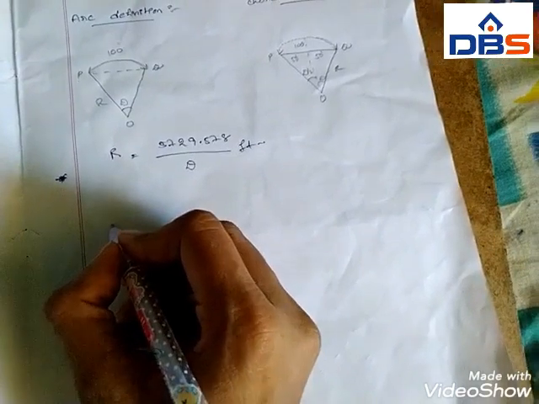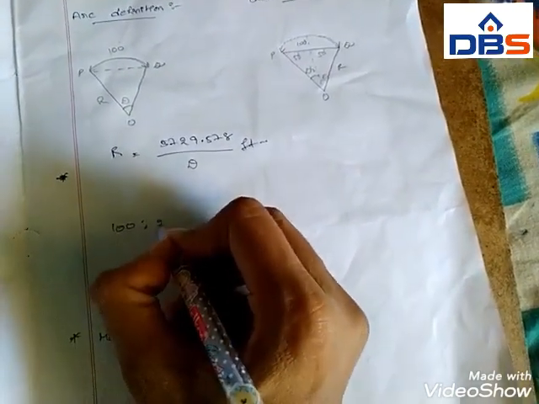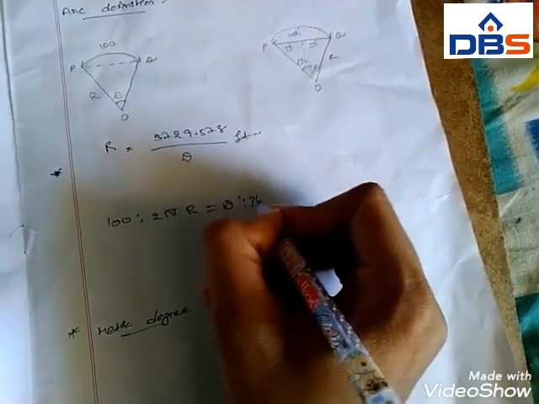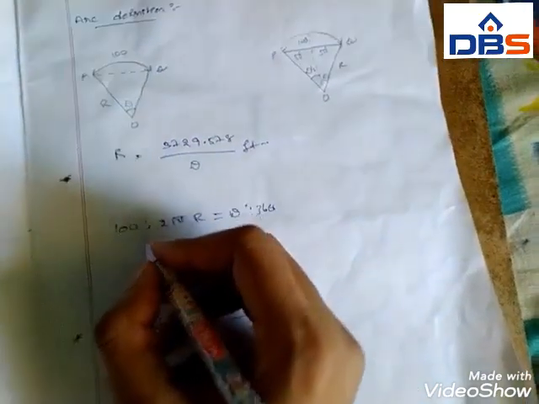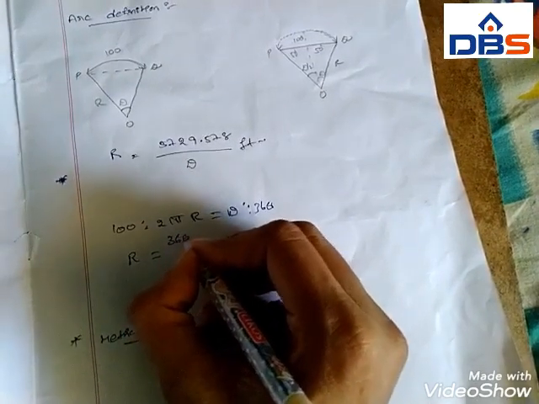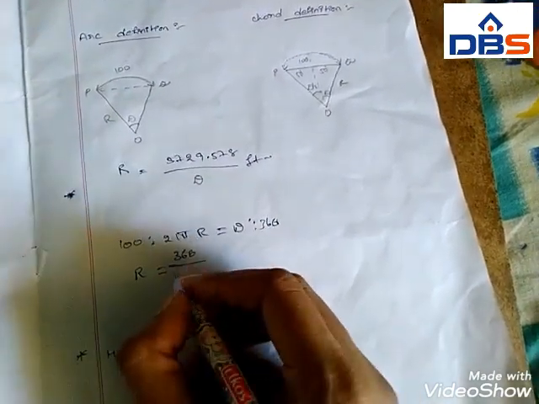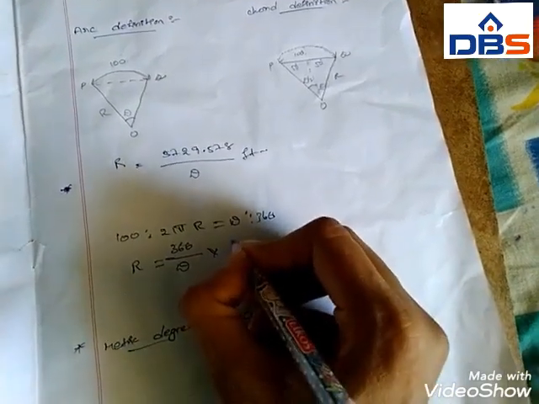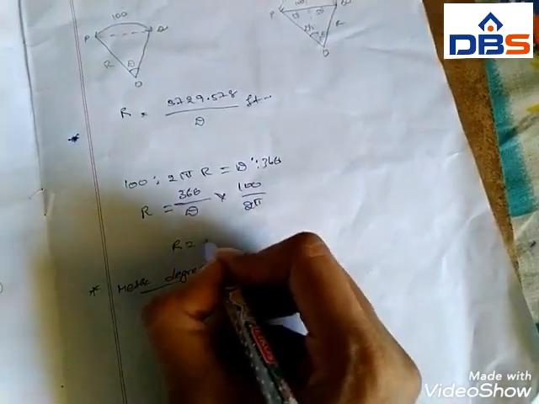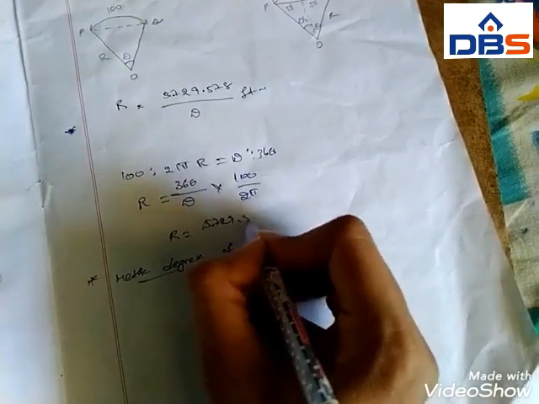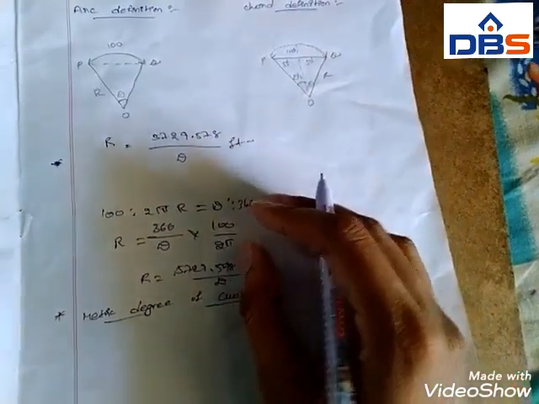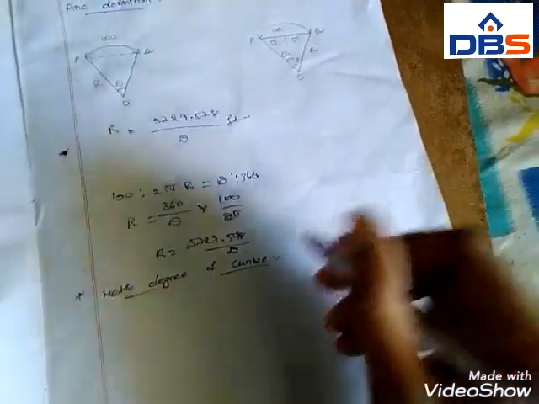We get it by 100 is to 2 pi R is equal to D degrees is to 360. Now by using this we separate R, that is equal to 360 by D into 100 by 2 pi. So by simplifying we get R is equal to 5729.578 by D. Thus we get the value of R.